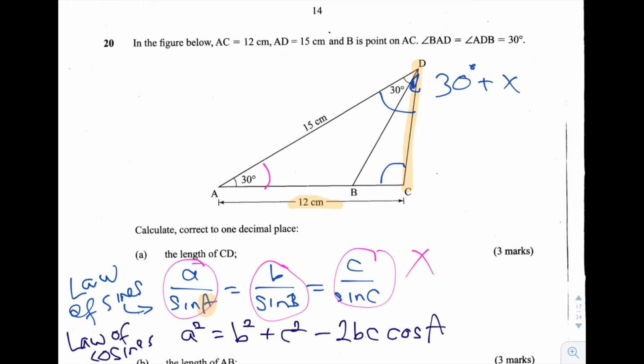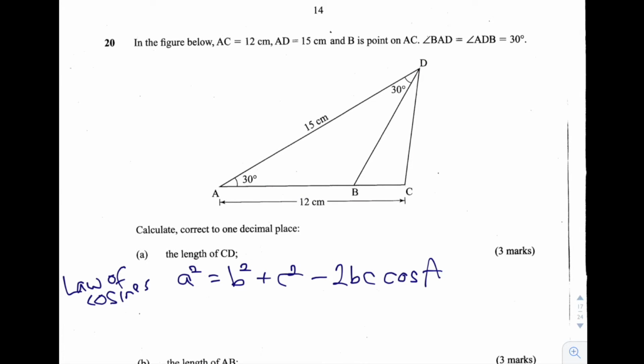The law of cosines is a squared is equal to b squared plus c squared minus 2bc cos A. If a is CD, then we do have a directly opposite angle A, that is 30 degrees. We do have lengths b and c, those are 12 and 15. So it seems that the law of cosines is the correct formula to use to solve this question.